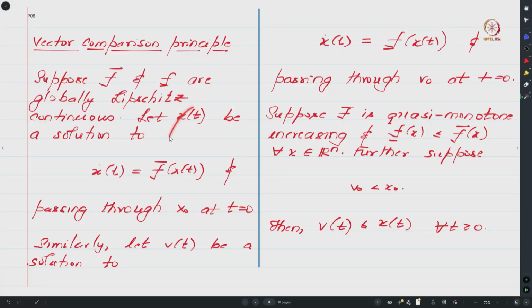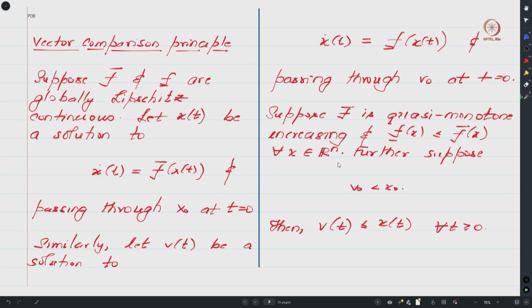Furthermore, let x of t be the solution to this ODE where the driving function is f upper bar, and let us say this ODE is passing through x naught. Similarly, let v of t be the solution to this ODE where the driving function is f lower bar, and let us say at time t equals 0 the solution passes through v0. What this result requires additionally is that this f upper bar be quasi monotone increasing, and f lower bar x be less than f upper bar x for all x in R^n.